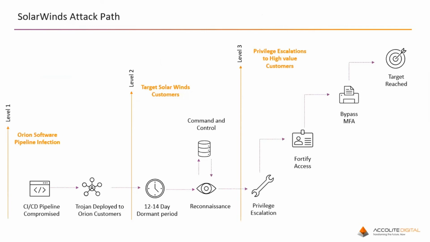Just to give you an example, we've all heard about SolarWinds, but I'm trying to see if we can understand it in a simpler way: where was the mistake or the loophole which made all of this happen, and what can we learn from it. We've been talking about the CI/CD pipeline.